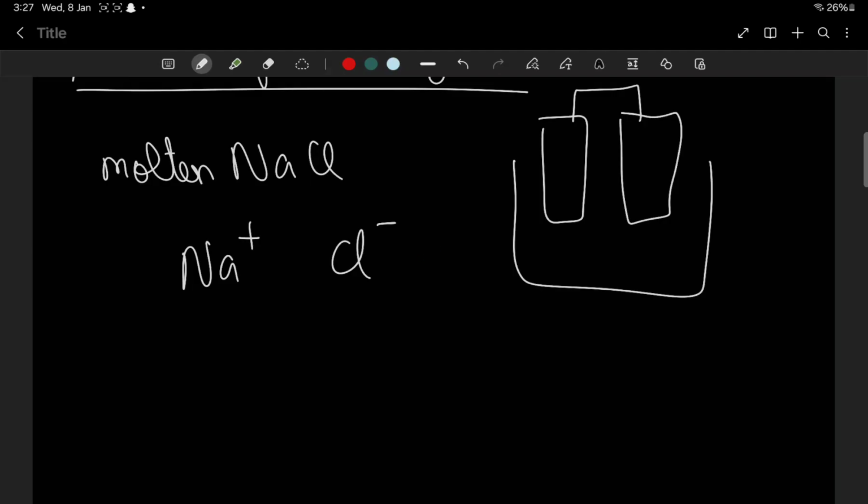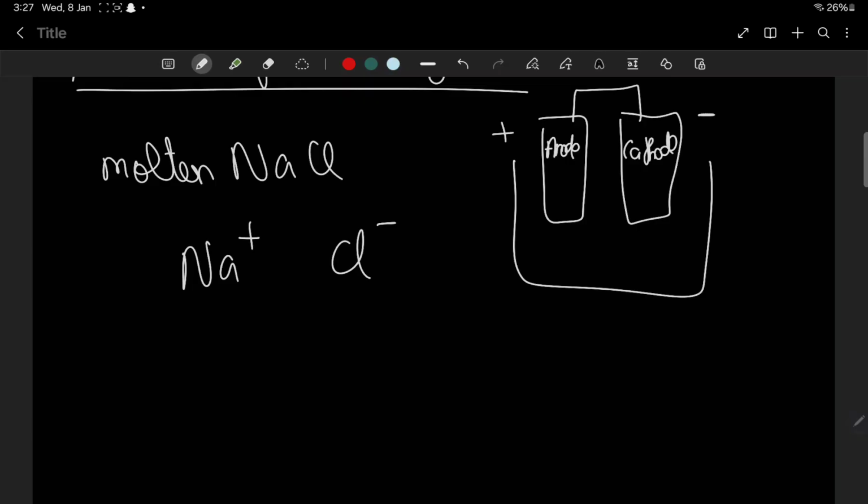But in the Daniel cell we told that anode is negative and cathode is positive, whereas in the electrolytic cell, anode is positive and cathode is negative. This is the difference here.